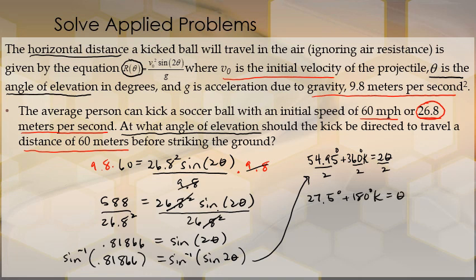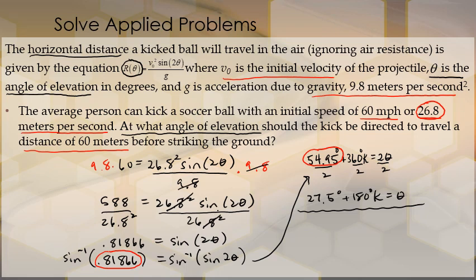Now, before I do any more, let's remember that this answer of 54.95 degrees that the calculator gave me is just one of the possibilities. 54.95 degrees is in the first quadrant, which makes sense because it had an output for the sine of a positive number. But the sine can have an output of a positive number, not just in the first quadrant, but also in the second quadrant.